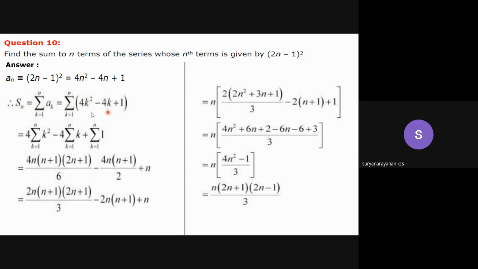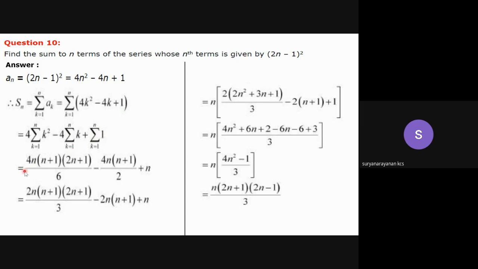Then we get this expression. Now, for each and every term, we apply the sigma notation by using the distributive property. That is equal to 4 into sigma k equal to 1 to n of k square, minus 4 into sigma k equal to 1 to n of k, plus, for the last term, sigma k equal to 1 to n of 1.